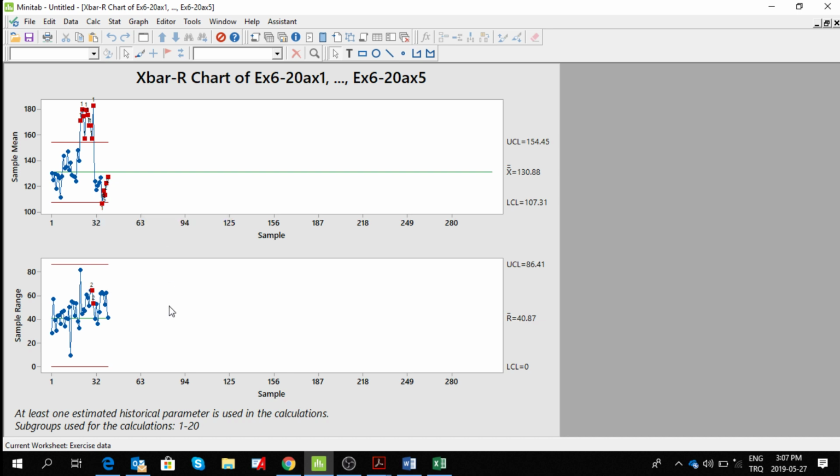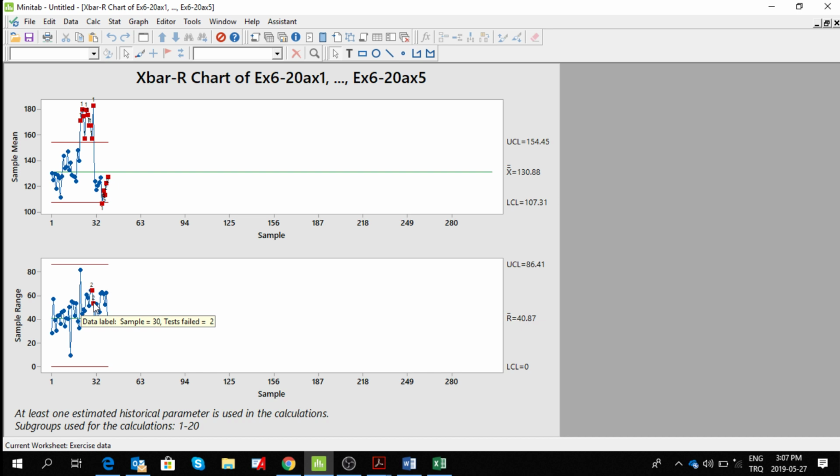On the other hand, on our R chart we have this 2. This is sample 29, and test number 2 failed, and then test number 2 failed again for sample 30.